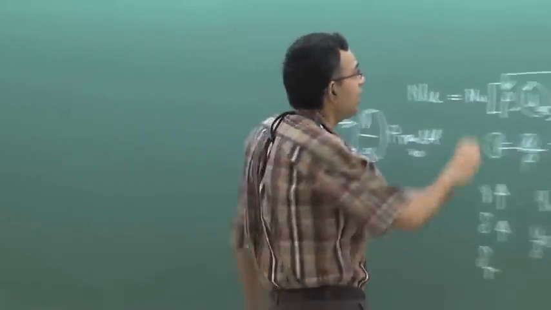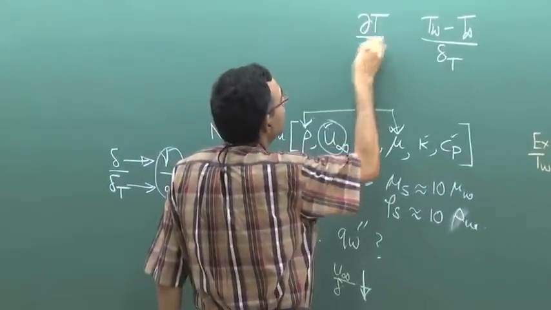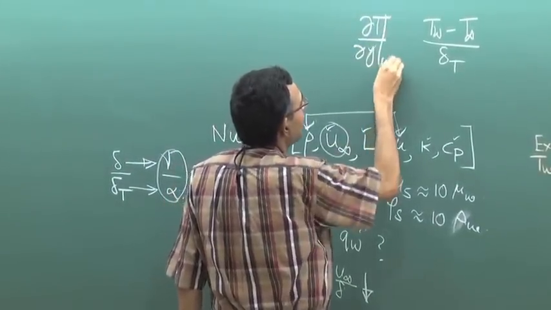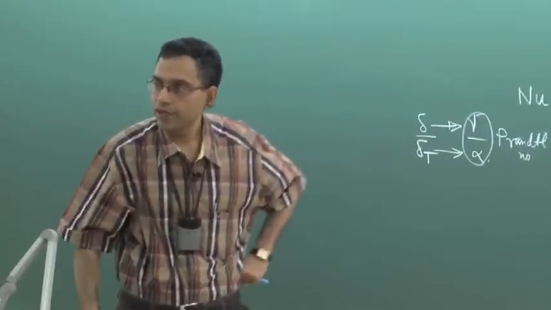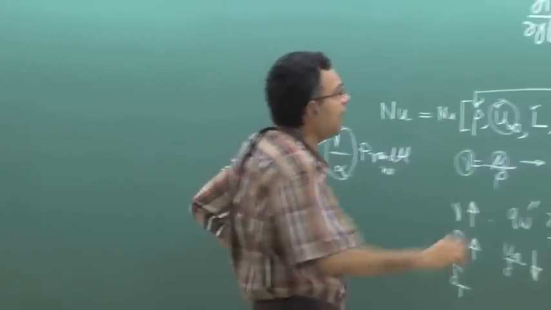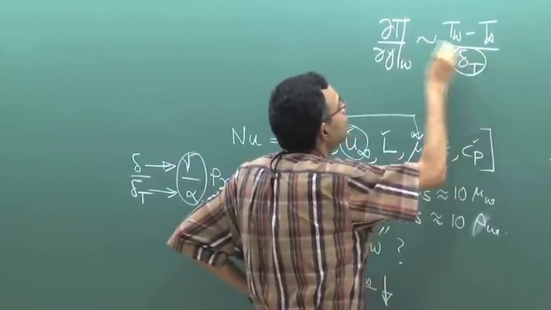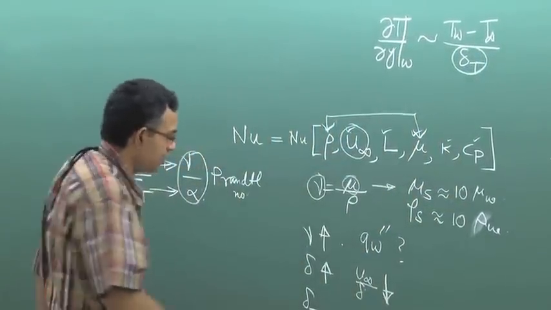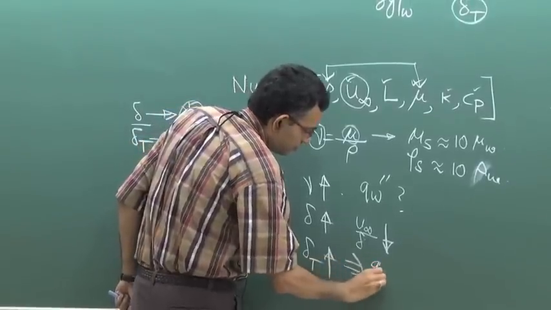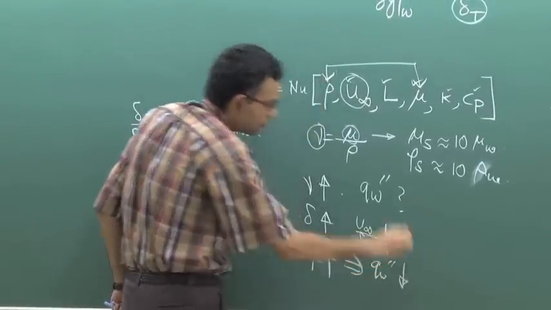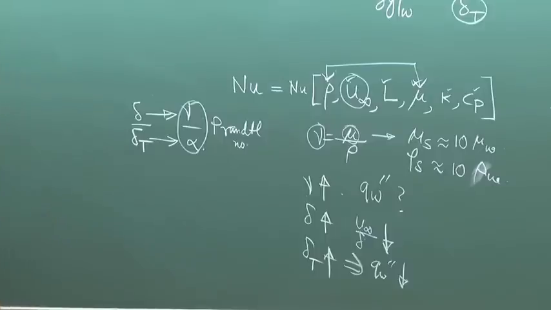So, this is roughly del T del Y at the wall, order of magnitude. So if you have higher delta T, you will have lower heat flux. Right? That means the Nusselt number will be low.